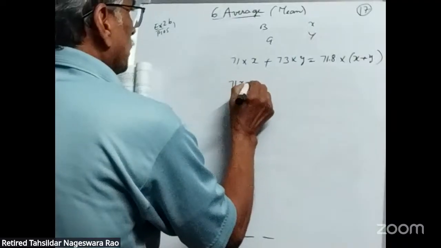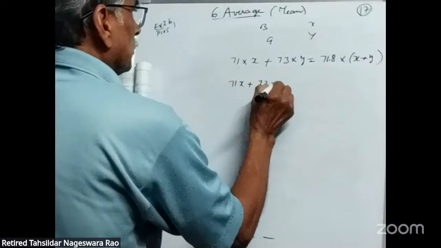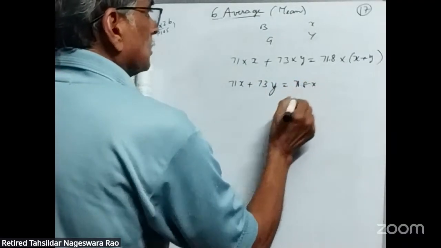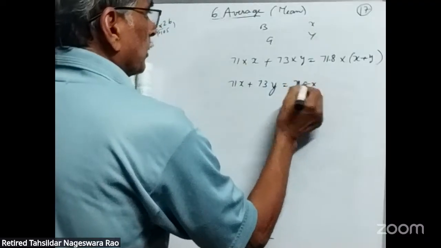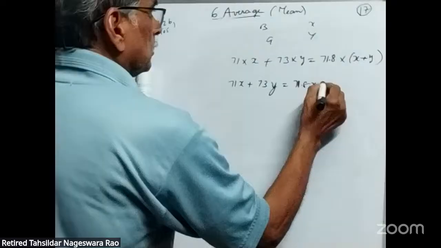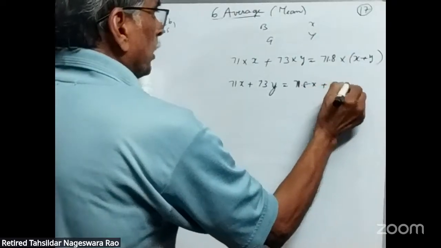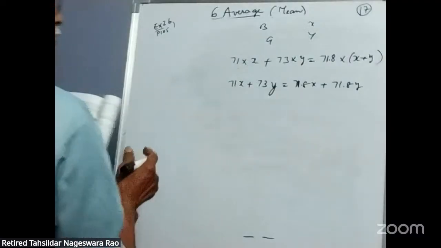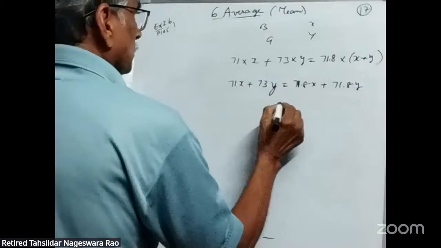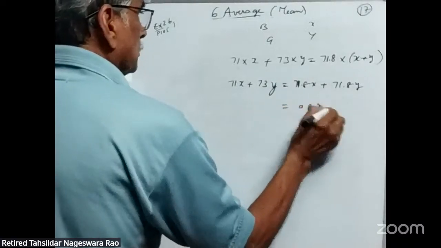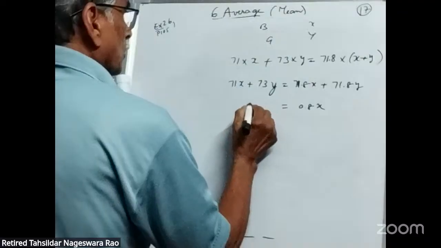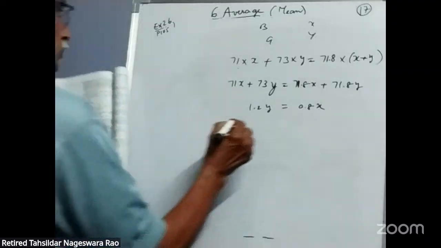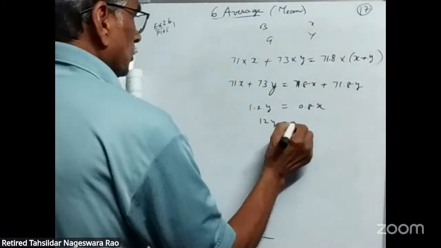Once again I am repeating: 71x plus 73y is 71.8x plus 71.8y. Taking x across, 0.8x on one side, and 1.2y on the other. 12y is equal to 8x.